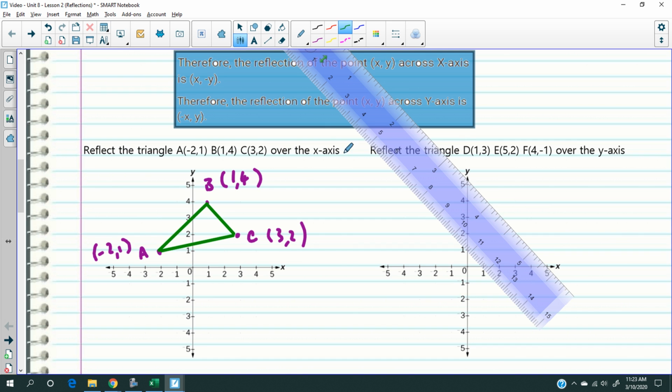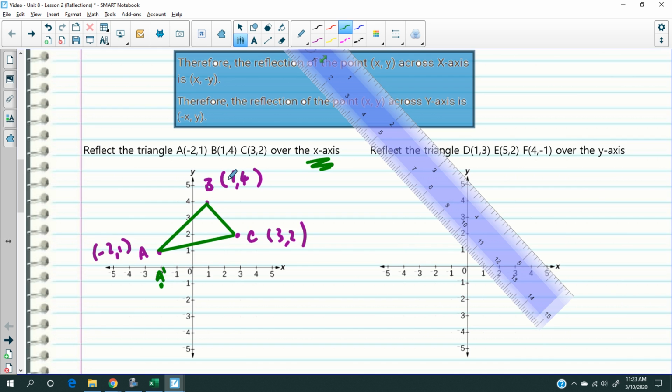For A, right now I'm reflecting over the x-axis, which means the y is going to change. So there'll be (-2, -1), right here. That's point A prime.